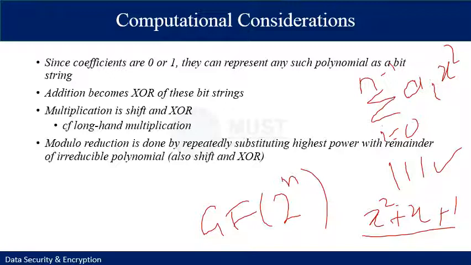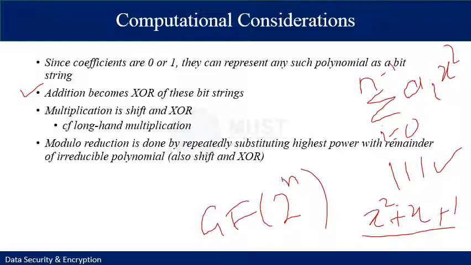So addition becomes the XOR of these bit strings. We have seen that the addition of polynomials is performed by adding corresponding coefficients, and in the case of polynomials over Z2, addition is just the XOR operation. So addition of two polynomials in GF(2) raised to power n corresponds to the bitwise XOR operation.